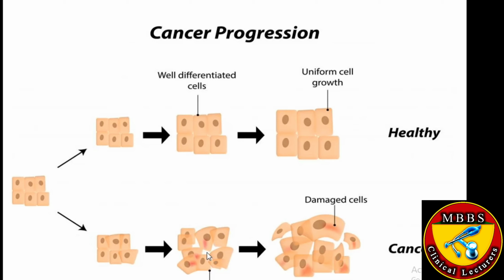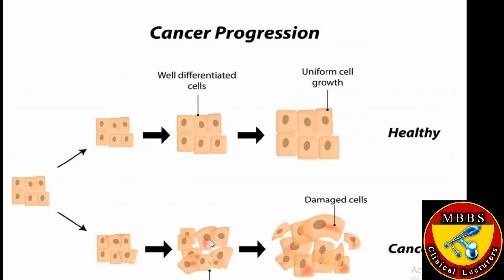The cell division cannot be stopped, cannot be controlled by the normal mechanisms of the body. And then you can see in this picture that the daughter cells, the subdivided cells, do not resemble the parent cell in architecture as well as morphology.